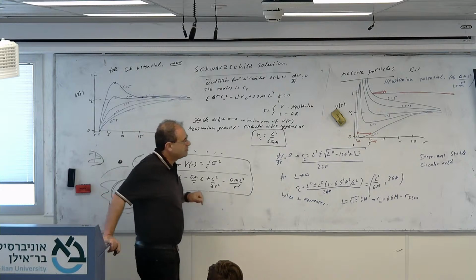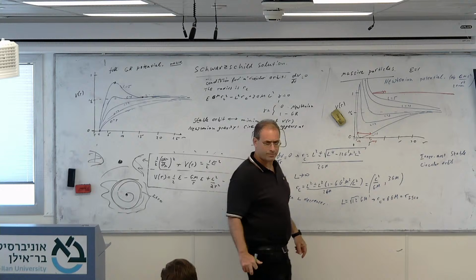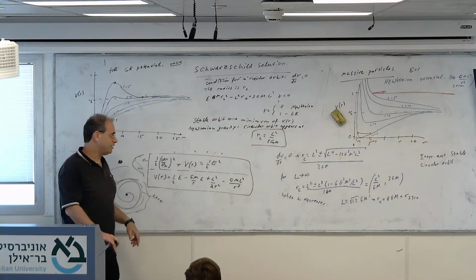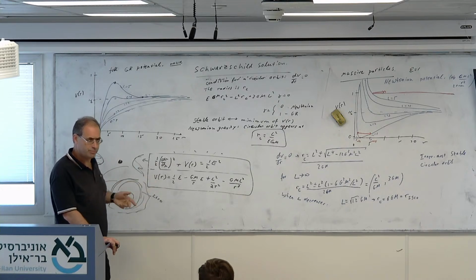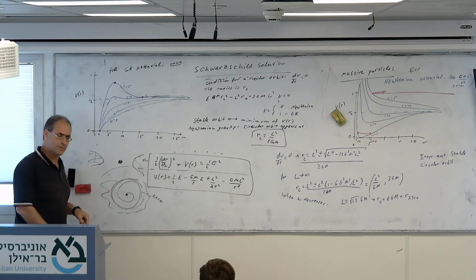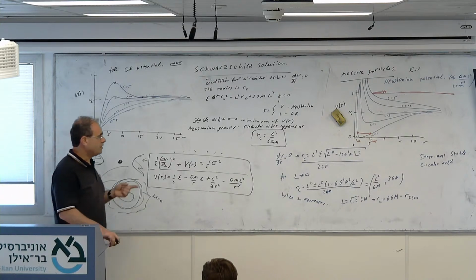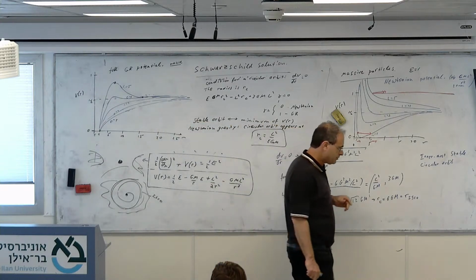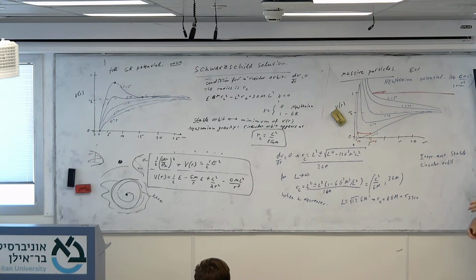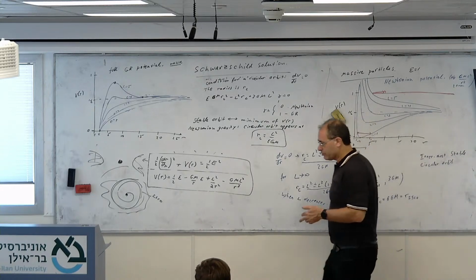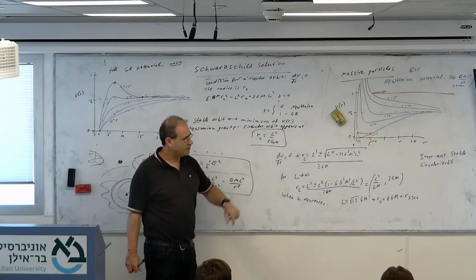The ISCO, as you can see, is linearly related to the mass of the central object. So in fact, we can use that, and there are techniques to infer the masses of black holes. Okay? So it has quite an important observational role. Now, in the last few years, we don't discuss the Kerr metric here, but in the Kerr metric there is also, of course, an ISCO, but it is different than the ISCO that we have here.